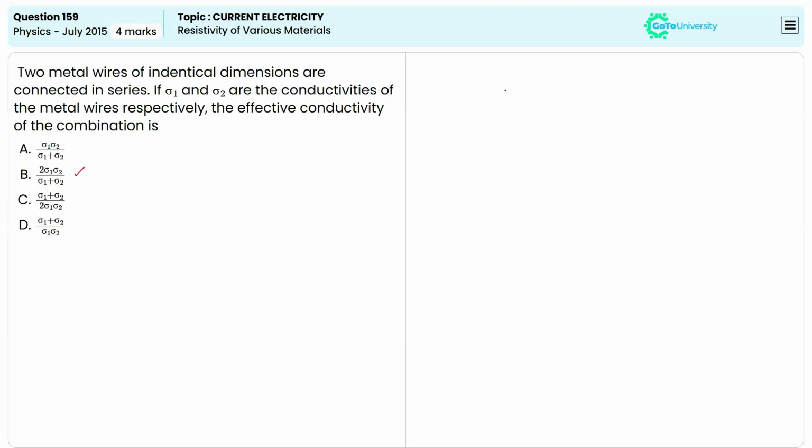Okay, so here first we have to calculate the effective conductivity, right? It's known that the effective conductivity can be calculated by calculating the total effective resistance.